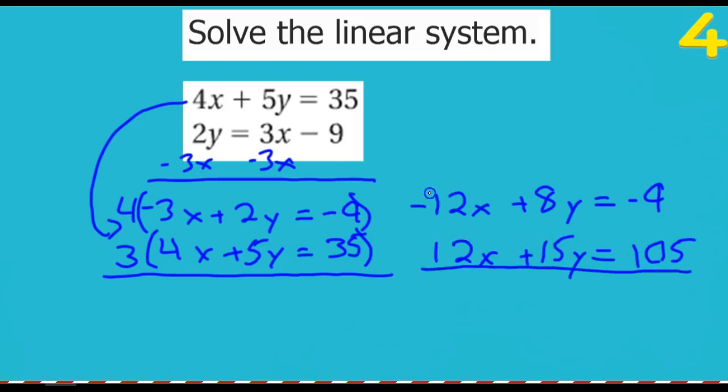So we can take these 12x's and eliminate them. 8y plus 15y gives us 23y. And negative 9 plus 105 is going to give us a 96.